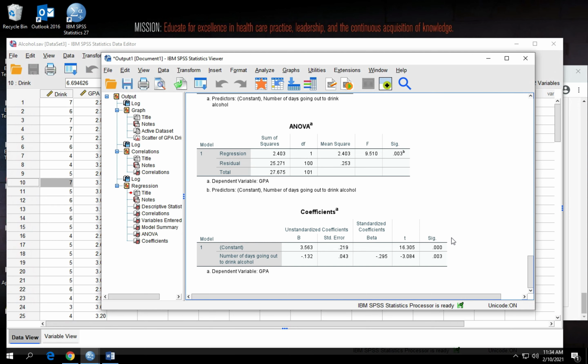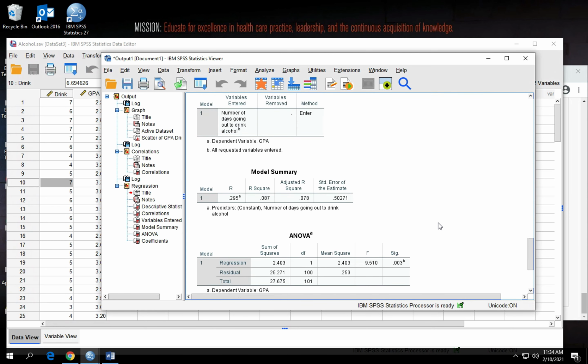To figure out your r squared, you can go back up here, and this will give it to you. This tells us about 9% of the variation in GPA is based on how many days you go out to drink, which is not very much, but it is still significant. So that is how you do simple linear regression in SPSS.